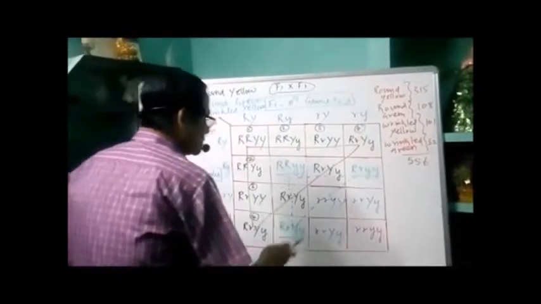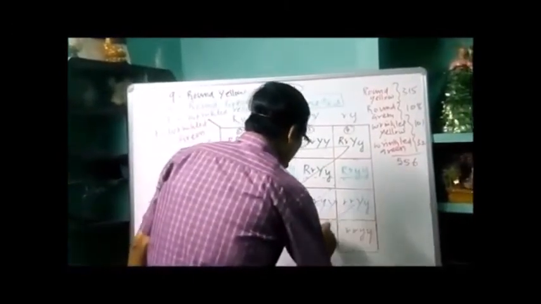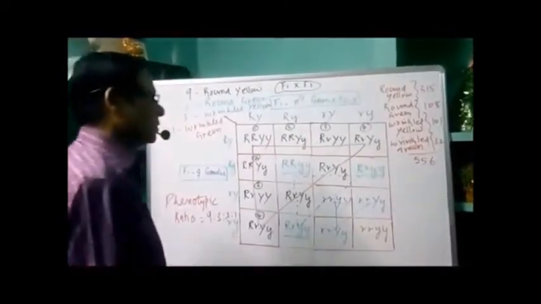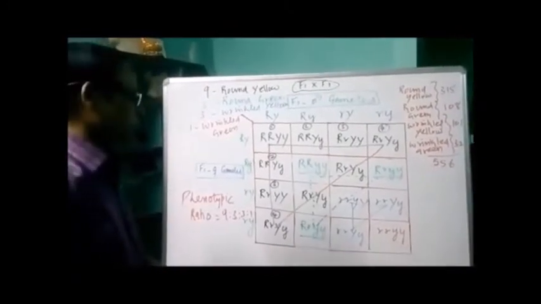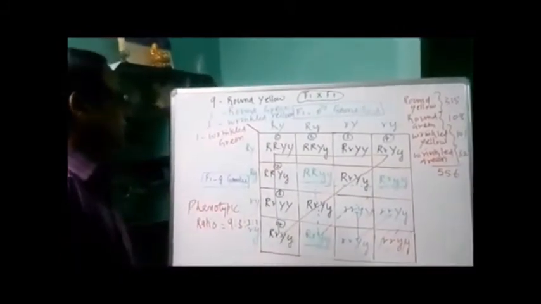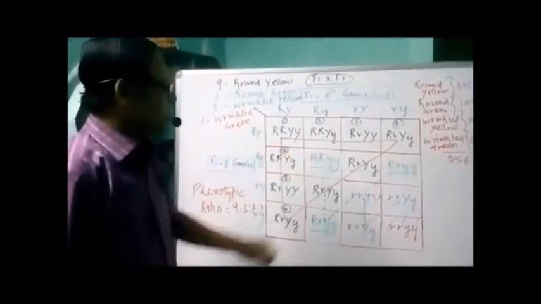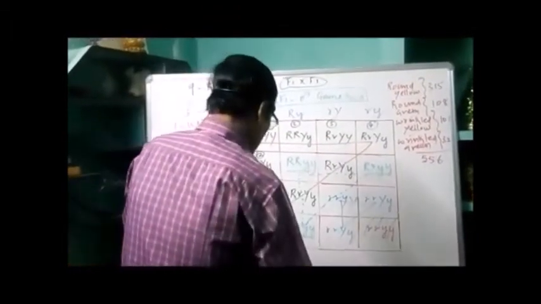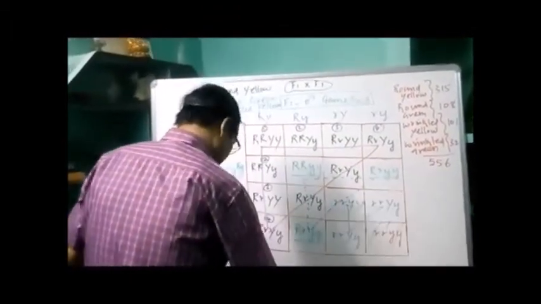Then these 3 individuals are present in a small triangle, which is the wrinkled yellow variety. Now the last one, only one at the corner. Now if you are analyzing the genotype, take just this one.